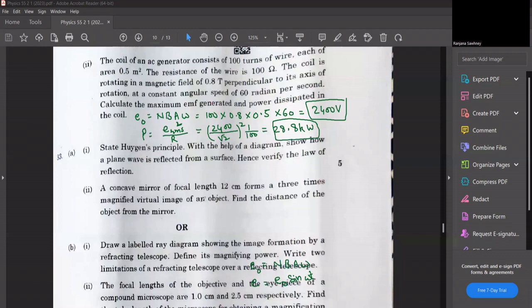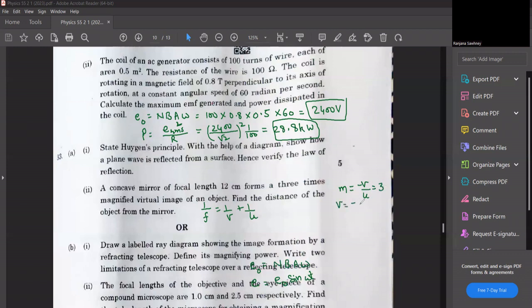So using the mirror formula, 1 upon F is equal to 1 upon V plus 1 upon U. Okay, but here focal length is given, but V and U are not given. Instead, it is given that virtual image is formed, which is 3 times magnified. And we know that magnification in case of a mirror is minus V by U. And this magnification will be equal to plus 3. Why? Because it's a virtual image.